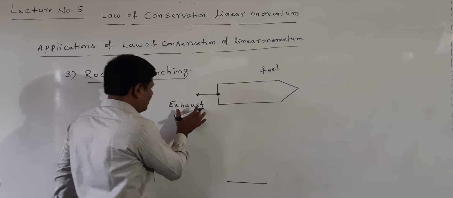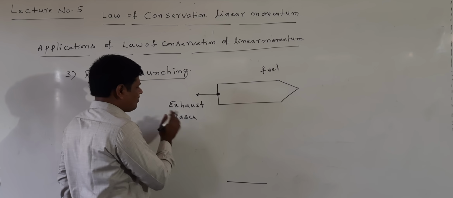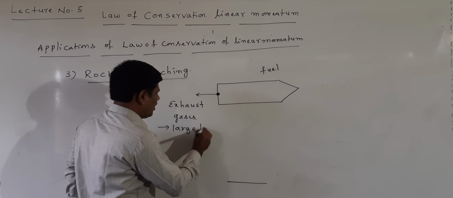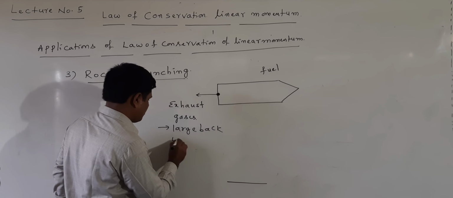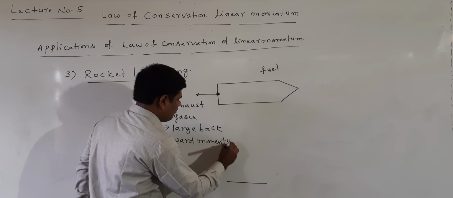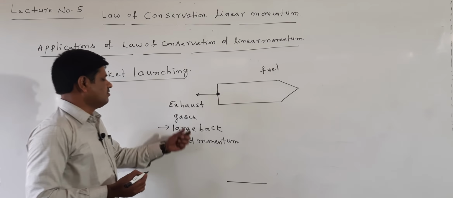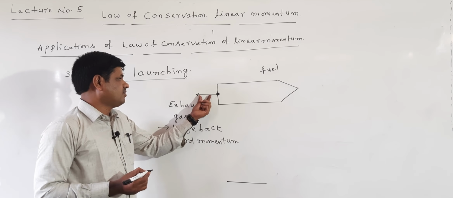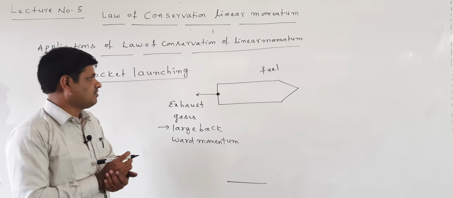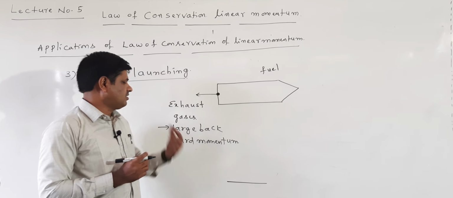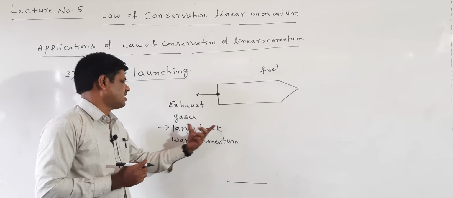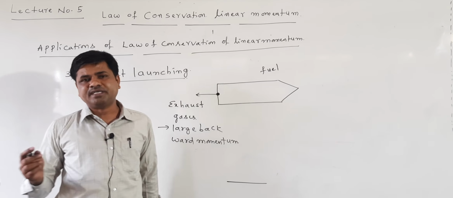These gases have a large backward momentum. Why? Because they come with a large velocity or high speed, and when the speed is large, the momentum is also large.